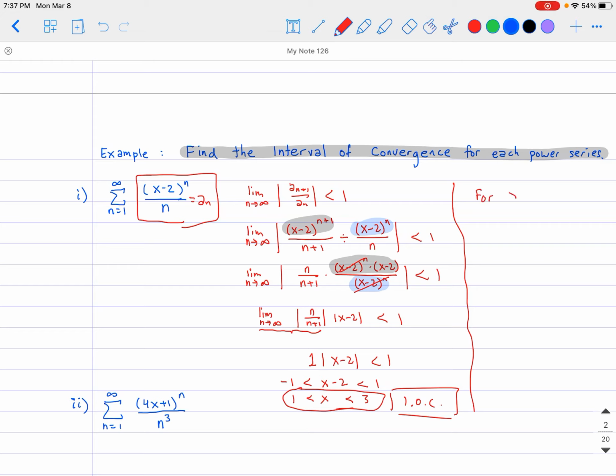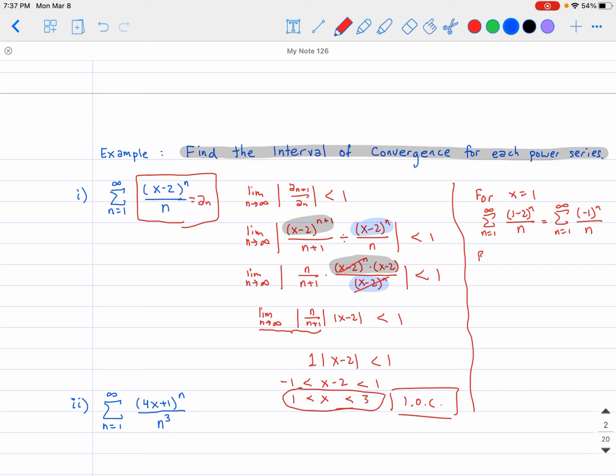If x is equal to 1, on the left-hand point, I'm going to throw it into the equation. The summation is then going to say (1 minus 2) raised to the nth power divided by n, for n equals 1 to infinity. If we clean that up, it's the summation from n equals 1 to infinity of (negative 1) raised to the n divided by n. And this is going to be convergent because of the alternating series test.